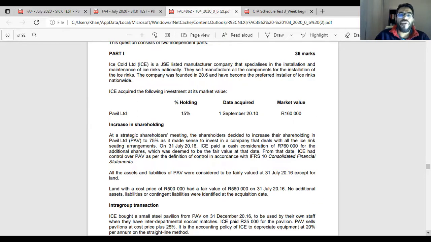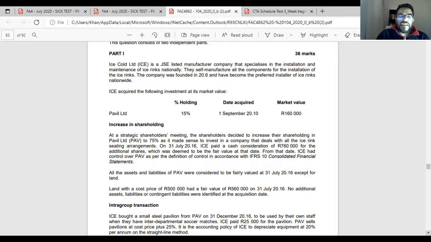If you have more than 50%, then you have a subsidiary. And if you have less than 20%, then you have a normal investment. So that is the general rule. But remember, if you read the accounting standards, you can have 1% and have control. So just take note that if they don't give you information contrary to that, you can use your percentages as a guide. I'm assuming they're not going to test control and all of those type of things. So the fact that we have 15% means we have an ordinary investment, meaning we have an IFRS 9 investment.